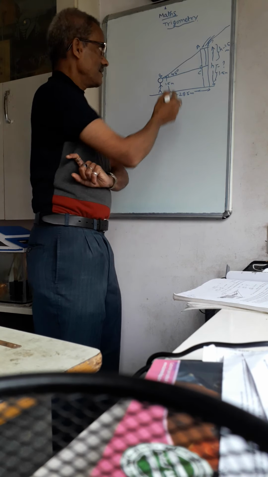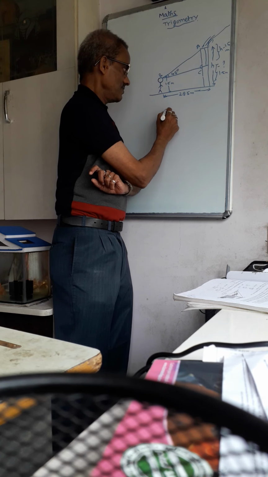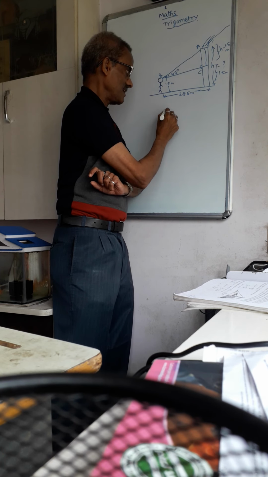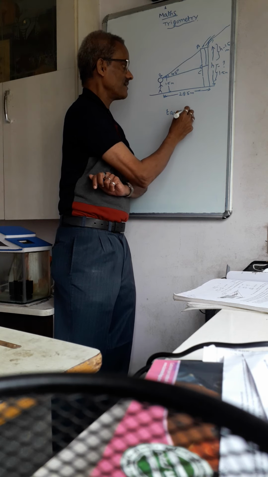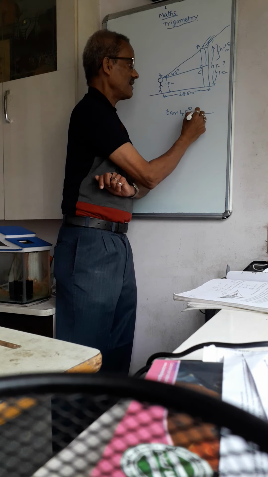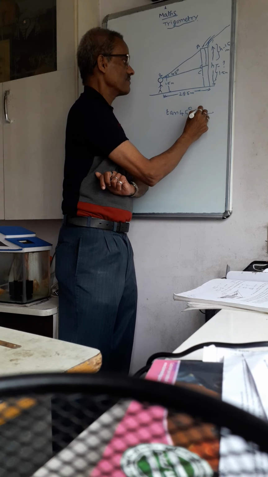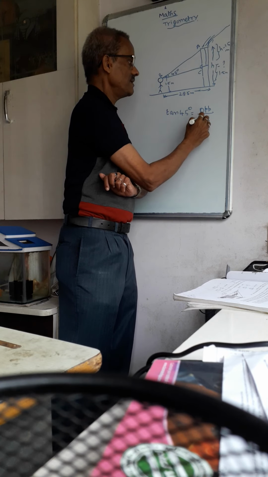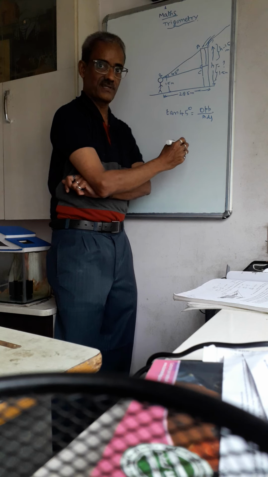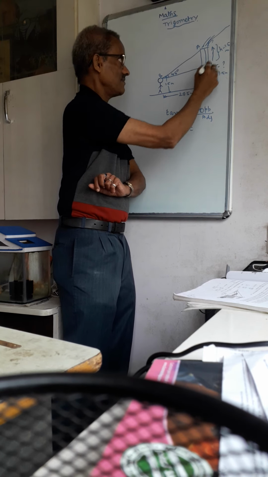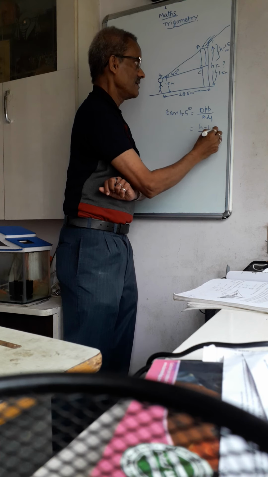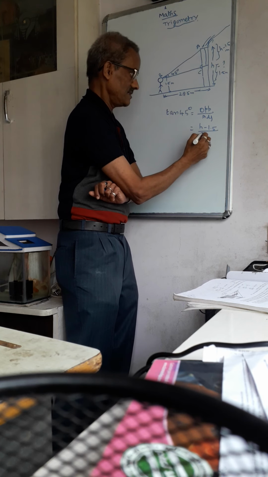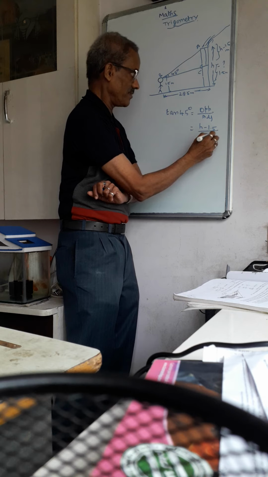Opposite by adjacent, so we select tan theta. The angle is 45 degrees, so tan 45 is opposite divided by adjacent. The opposite is h minus 1.5, and the adjacent is 28.5.